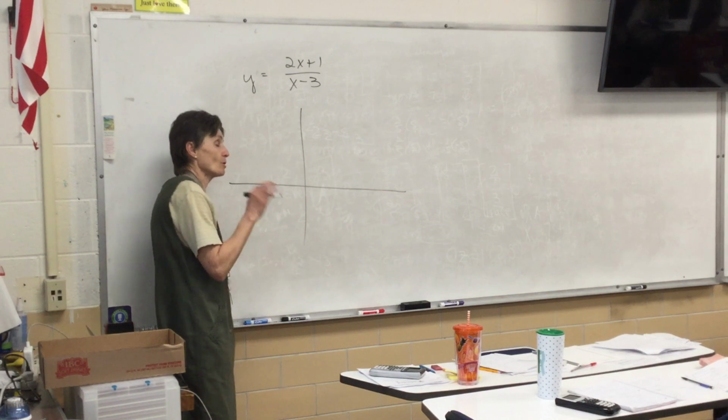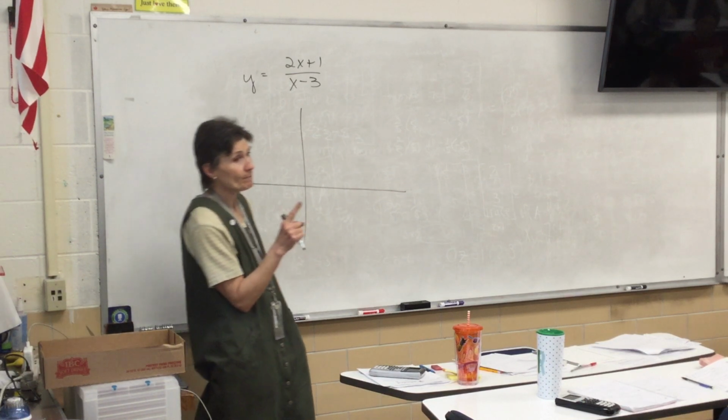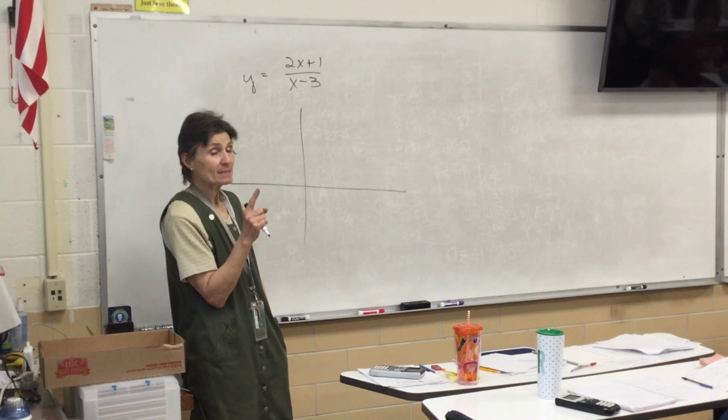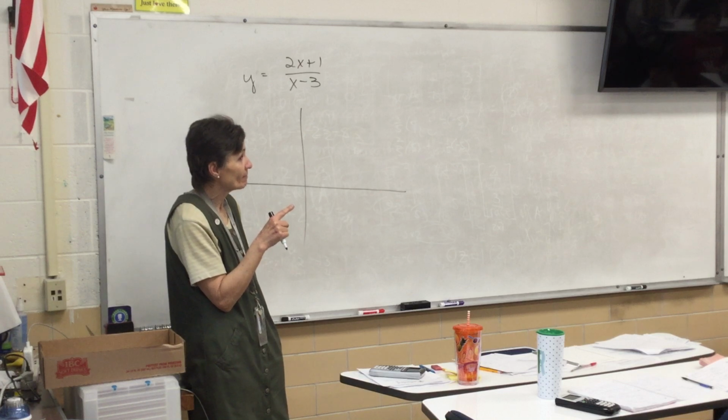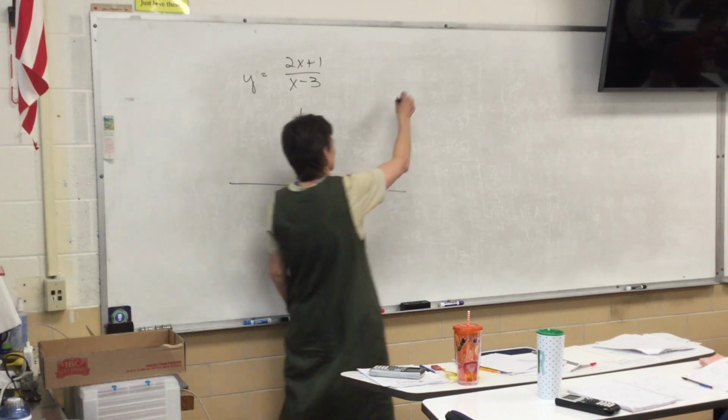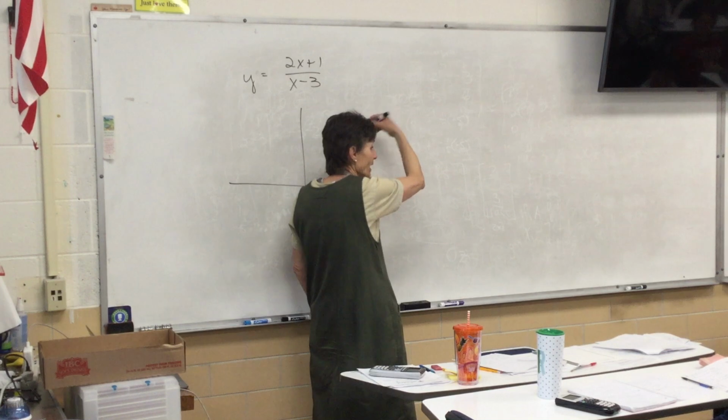Okay. So the first thing I always want to do is factor. Maybe something will cancel. And if something cancels, then I will have a hole. Now remember, nothing cancels here, so this is not going to have a hole.